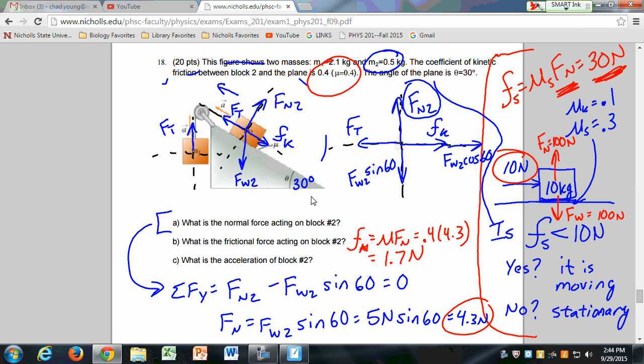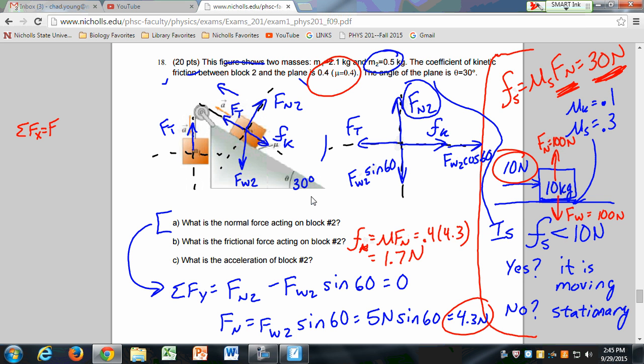then what is the acceleration of block 2? If I'm going to find the acceleration, what do I need to consider, the x or the y motion? Okay, let's write out, right, I need to look at the x motion. Let's look at the sum of the forces in the x direction.